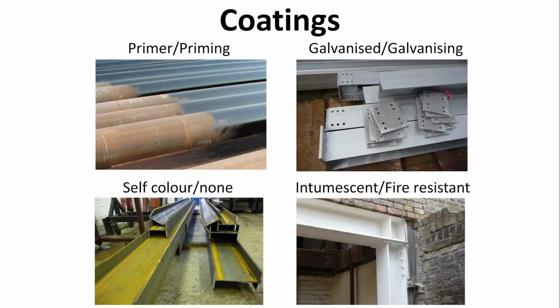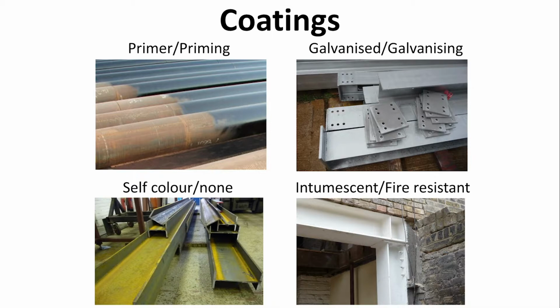Other coatings that you might come across are bituminous paint, which is basically a thick black paint that provides very good resistance to water. Next is galvanized steel, which is done through hot dipping into baths with zinc, and they are very shiny and look quite nice when they come back from the galvanizers, and this kind of coating is always used when the steelwork is exposed to the weather.